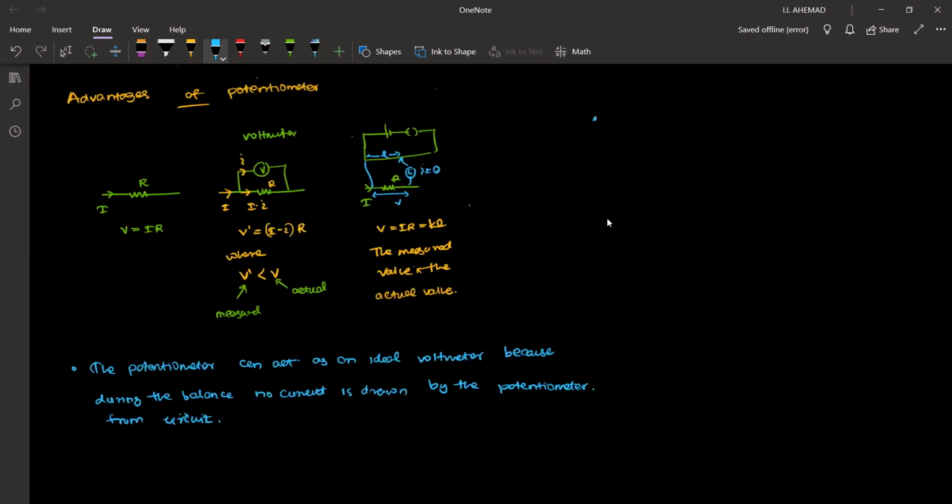Next point, the balance length can be measured to an accuracy of 1 millimeter.